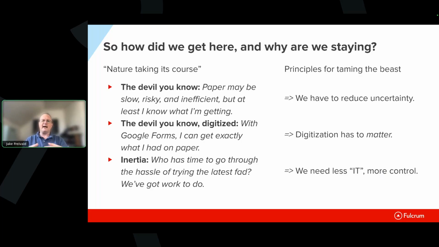Because if you do that, IT has a ton of things that they need to do to react, and they don't have the staff, they don't have the people, they don't even have the expertise in some cases to manage your field processes. So it's not that you don't need IT, it's that you need less IT managing the stuff that you should be managing. You should be controlling the things that you need to do.